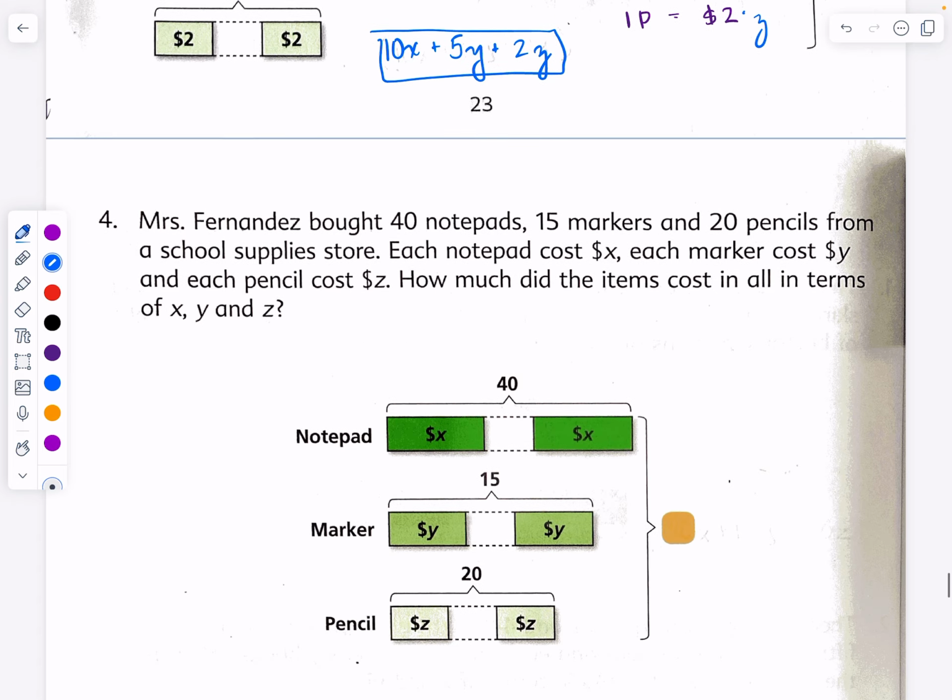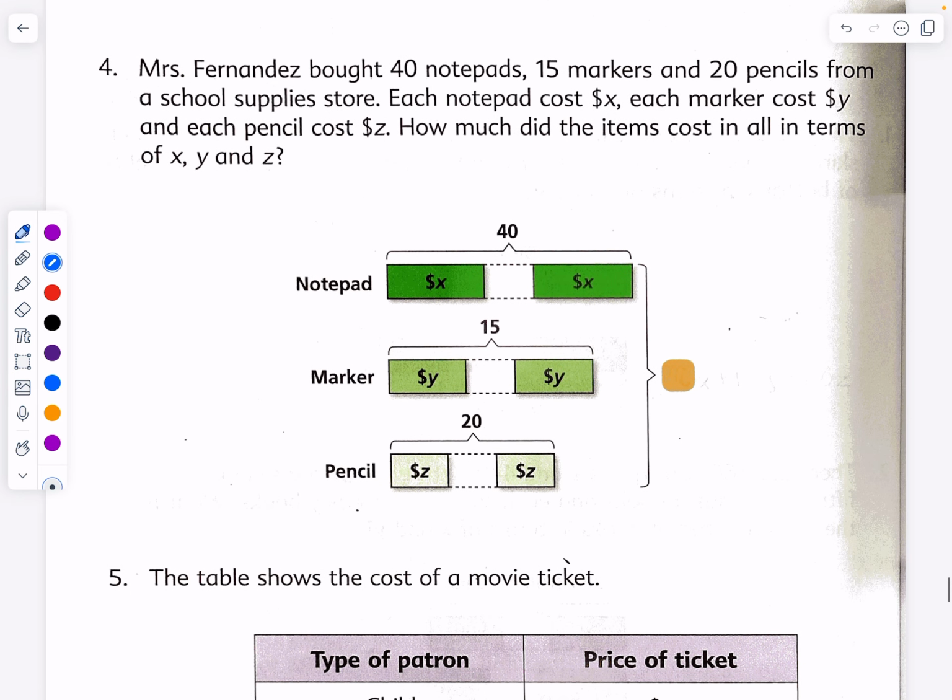Let's look at problem number 4. Mrs. Fernandez bought 40 notepads, 15 markers, and 20 pencils from a school bookstore. Each notepad costs X dollars. Each marker costs Y dollars. And each pencil costs Z dollars. I would write it like this.